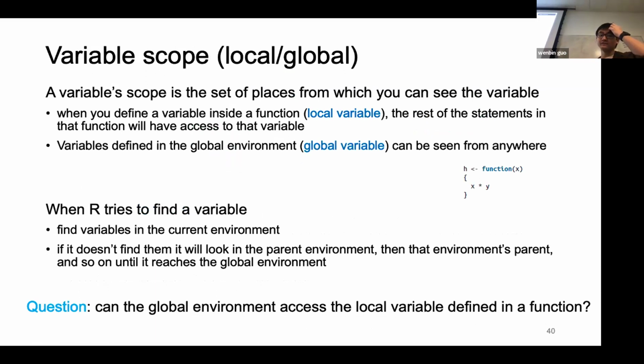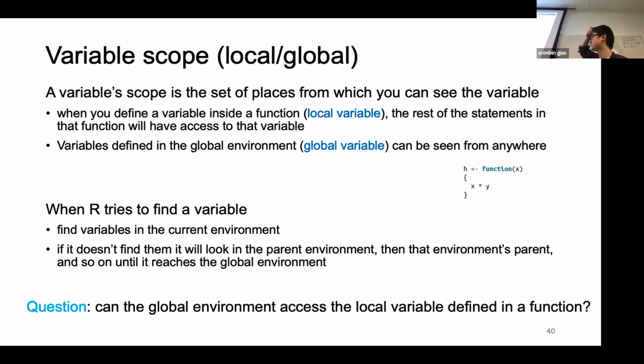For example, when you define a variable inside a function, it's usually called a local variable, and the rest of the statements within the function can use it, but it cannot be seen outside the function. Instead, variables defined in the global environment, outside the functions, can be seen from anywhere, within the function and within the function's sub-functions. They can always be seen. So there is a hierarchical structure there.